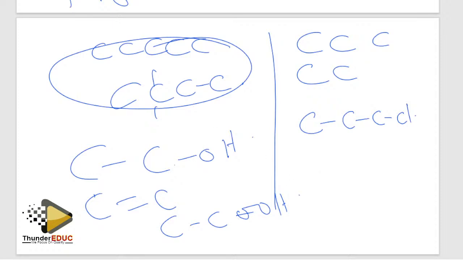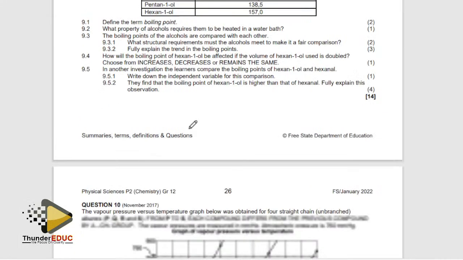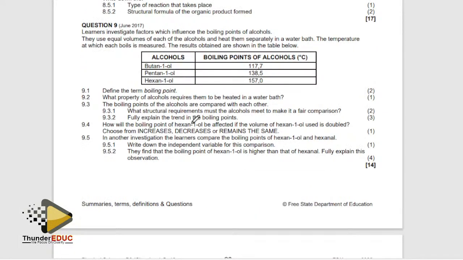Let me give you an example. Let's get one simple question. What is boiling point? You have to know that. It's the temperature at which the vapor pressure of the liquid is equal to the atmospheric pressure.